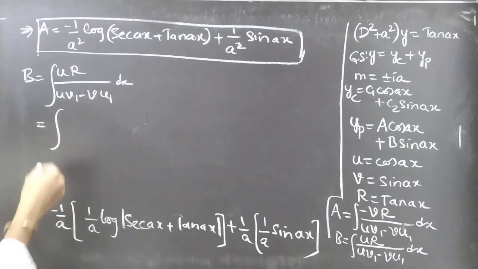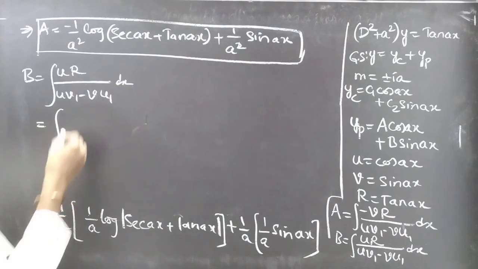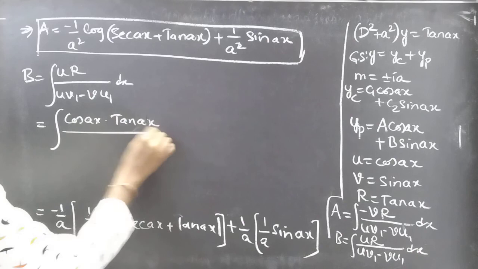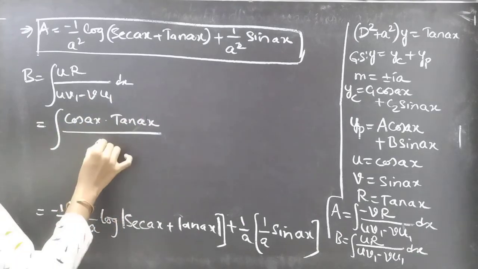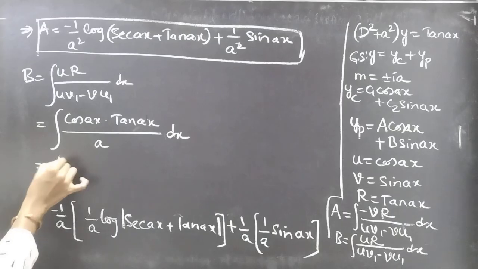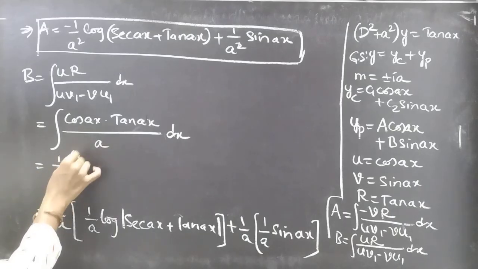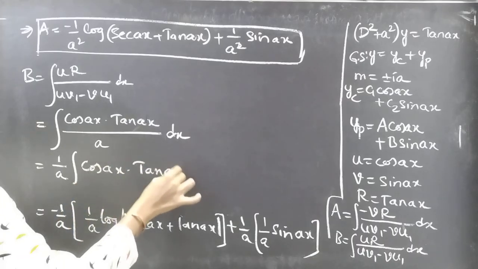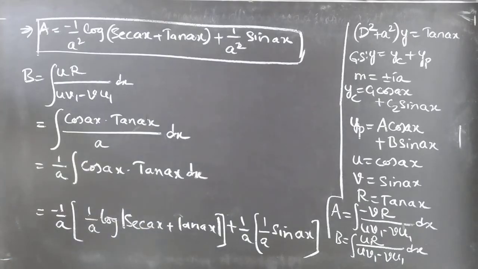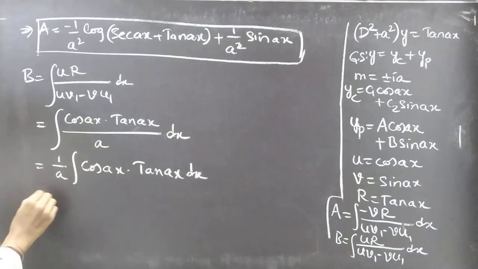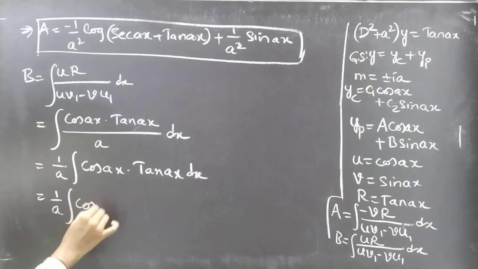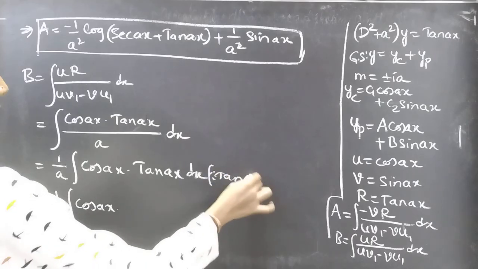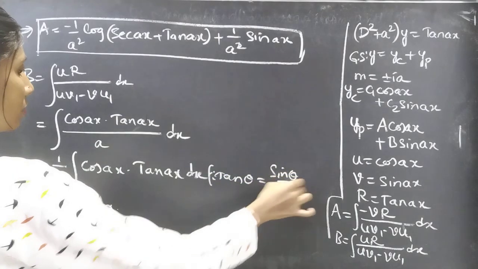This equals to integral, u is cos ax into v tan ax by uv1 minus vu1, which is a, into dx is equal to, write the constant 1 by a outside the integral, we'll get 1 by a into cos ax into tan ax into dx, which is equal to 1 by a into integral cos ax into, since we know that tan theta can be written as sin theta by cos theta.